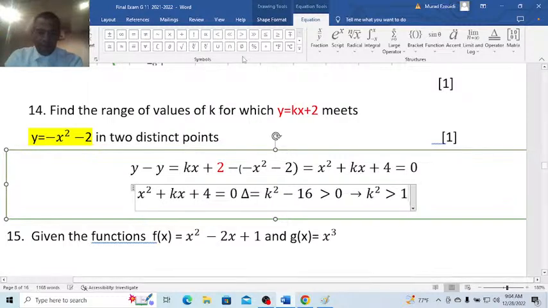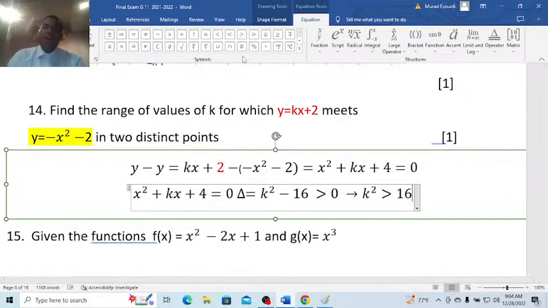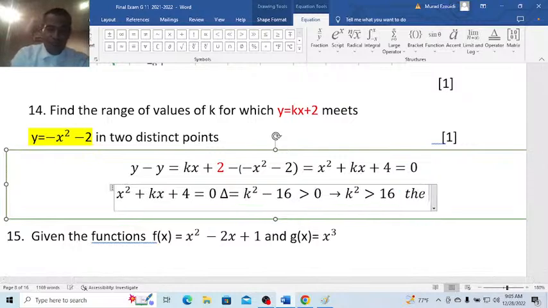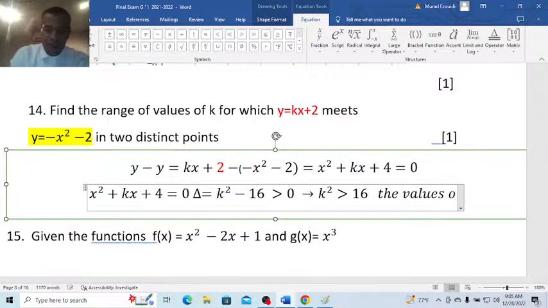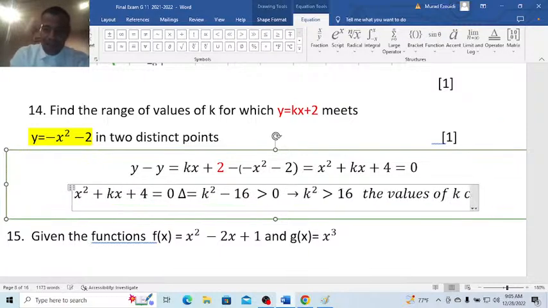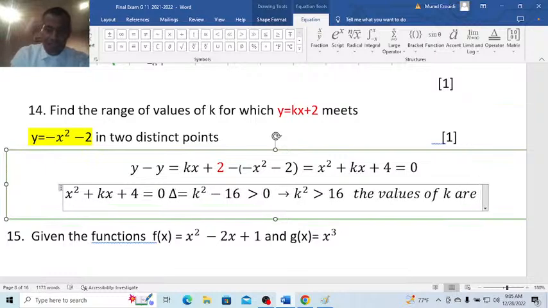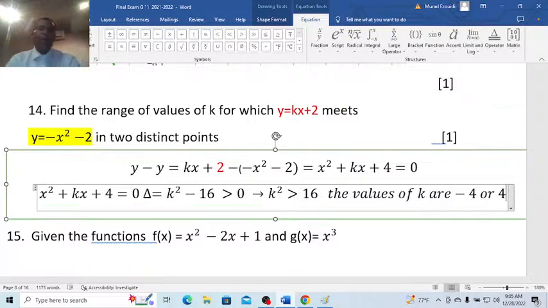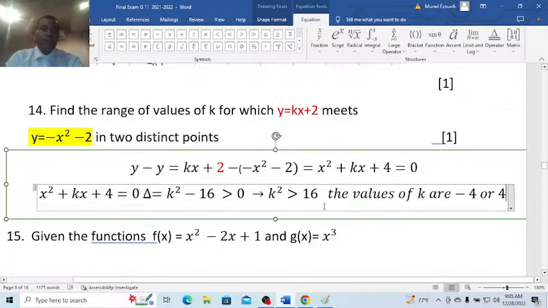The values of k here should be equally 4 and negative 4, the values of k can be negative 4 or 4.